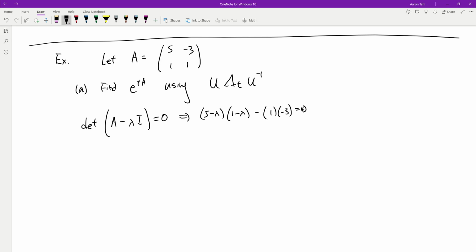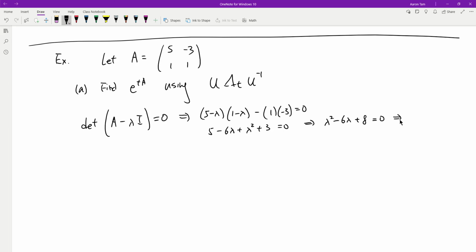We have done eigenvalues for 2x2 matrices enough times that you should be able to do that. So that comes out to be 5 times 1 is 5, minus 1 lambda minus 5 lambda is minus 6 lambda, plus lambda squared, plus 3 equal to 0. So that tells me lambda squared minus 6 lambda plus 8 equal to 0.